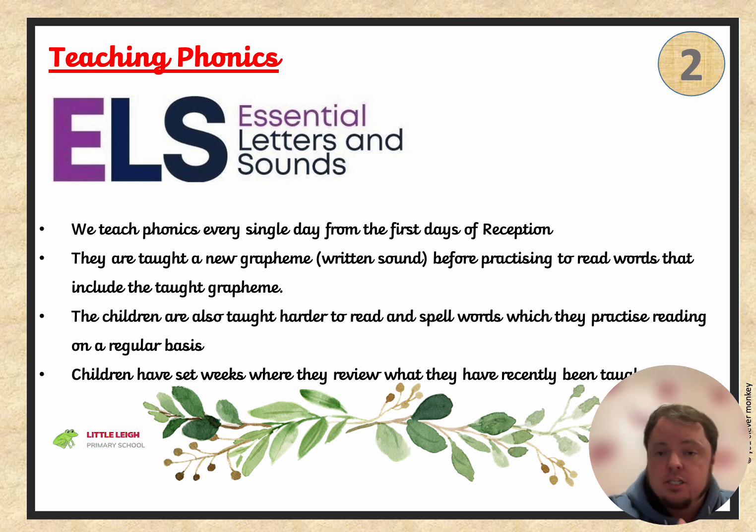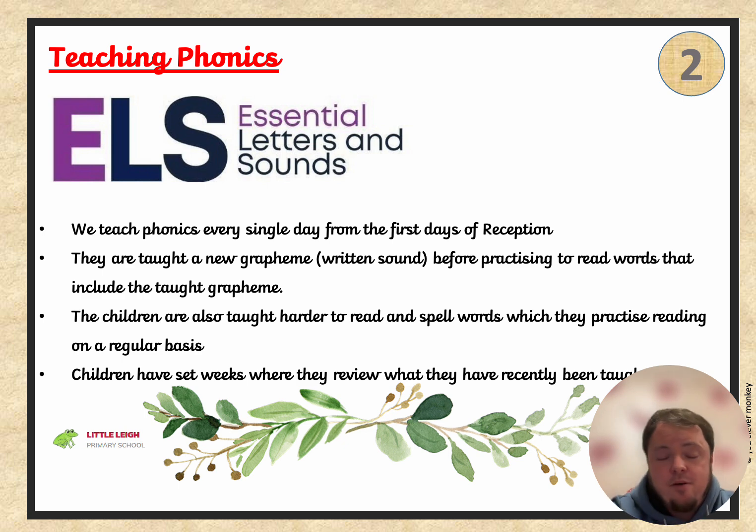So there'll be some weeks where the children review what they've been taught. It's important that the children have regular reviews so they can recap on what they've previously been taught. So it helps them become more confident readers by reviewing what they have been taught. And also the children do practice reading hard to read and spell words.